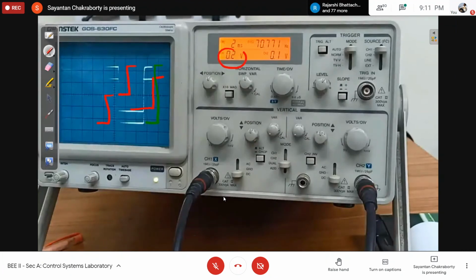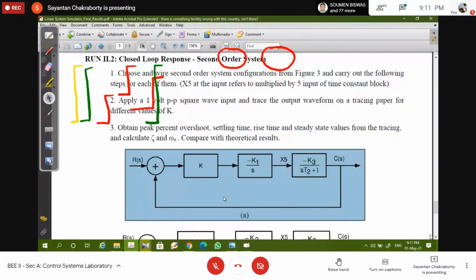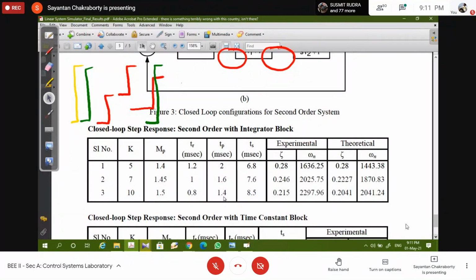Since you're using a scale of 0.2 to 0.1, if you put the input to the same scale of 0.1 volt, what would the input look like? It would double this value. So your input will be this. And then in 0.1 scale, what is your output? Almost same. And this is again sustained by the fact that the steady state error will reduce for this.